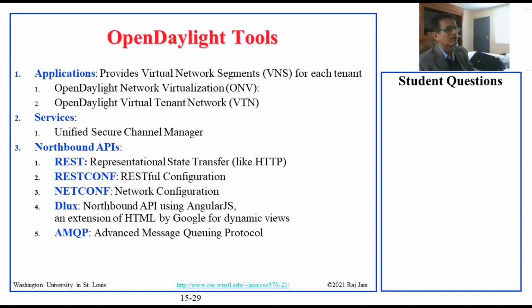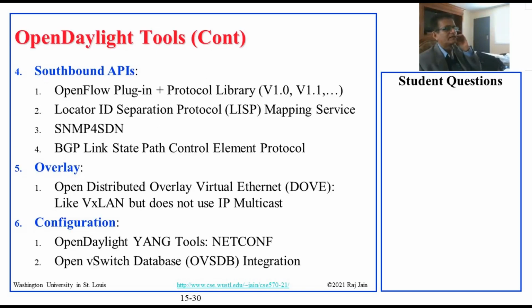Okay, so continuing on the southbound. OpenFlow has a big plugin library and protocol library, and those include things like LISP. Now another protocol that you will hear a lot coming from Cisco and IETF in particular is called LISP. LISP is not the language. LISP is the Locator ID Separation Protocol.